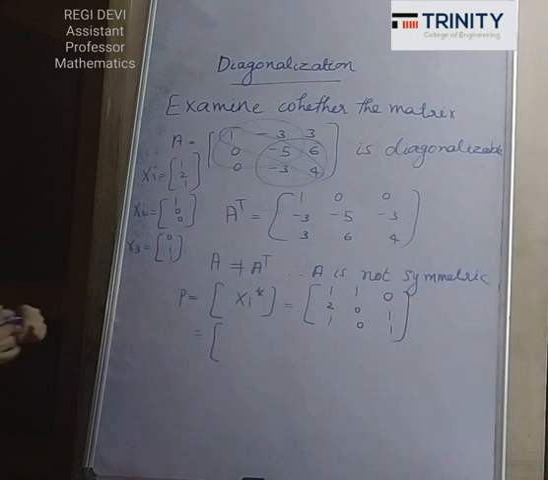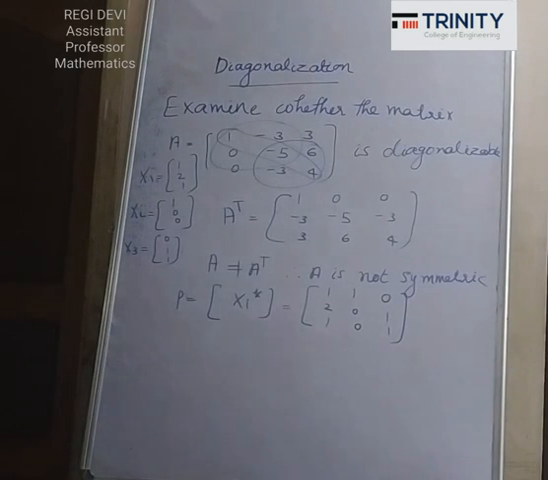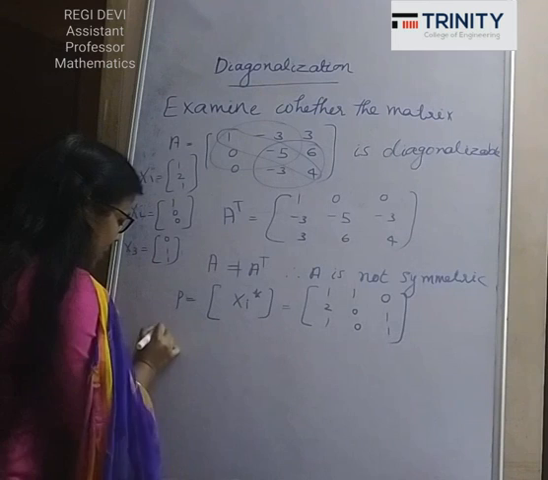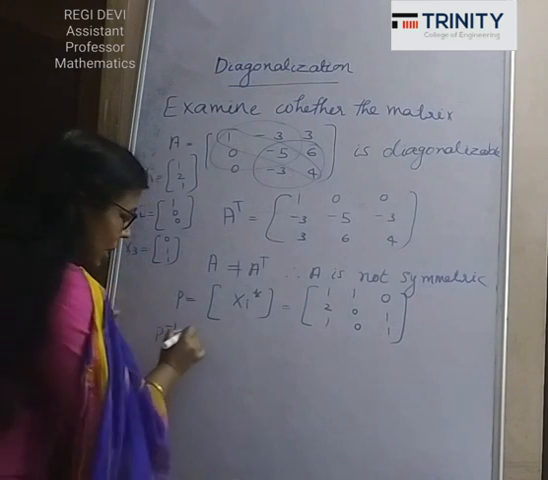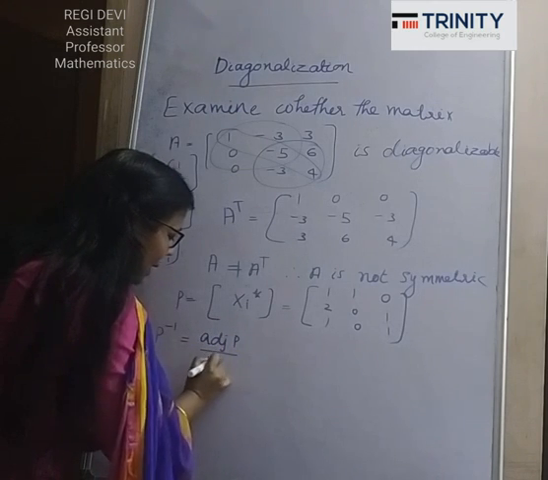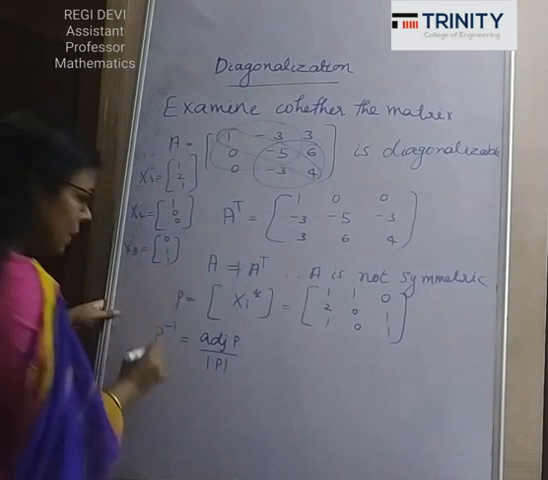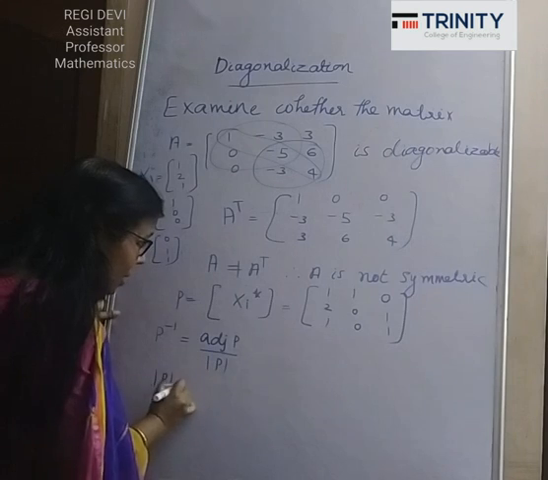Now we have to find P inverse. What is P inverse? P inverse is adjoint P by determinant P. For this we have to find determinant P. What is determinant P?